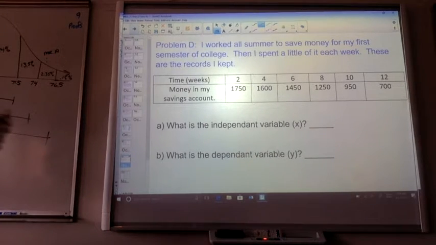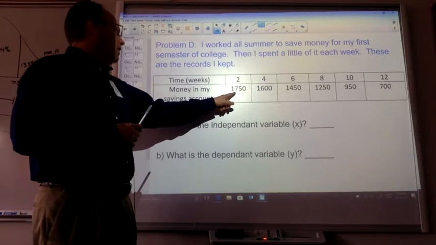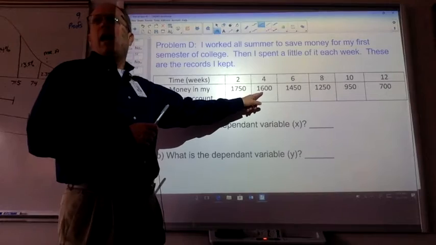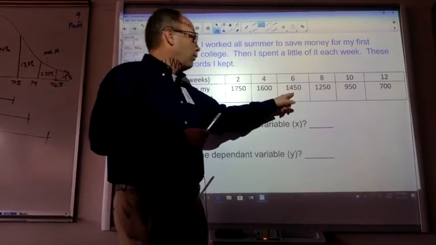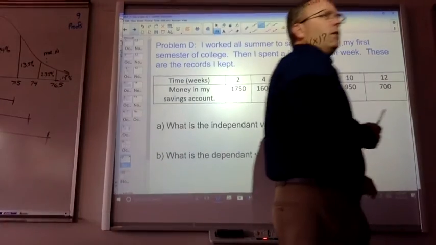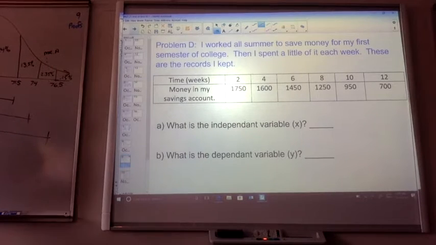Time in weeks: at 2 weeks, I had $1,750 in my account. 4 weeks, $1,600. 6 weeks, $1,450. 8 weeks, $1,250. 10, $950. 12, $700. So I'm spending a little money, not a whole lot. That's my walking around money.